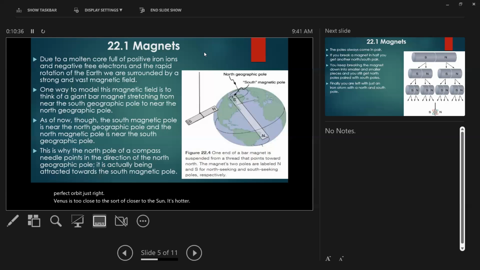But Venus, we think, did develop this molten iron core. See right here in the middle? There's this molten iron core made up of iron ions that have been heavily ionized, and electrons. There's charge. The Earth rotates. That's charge in motion, the magnetic field, okay? Free charges, Earth rotates, charge in motion.